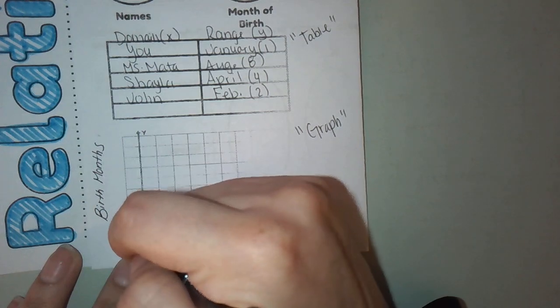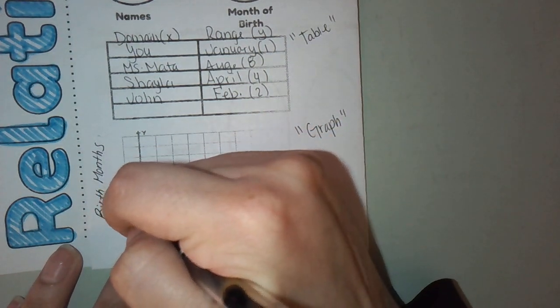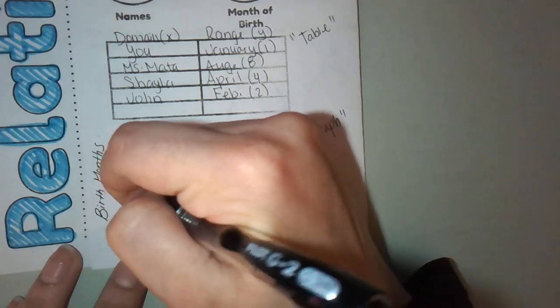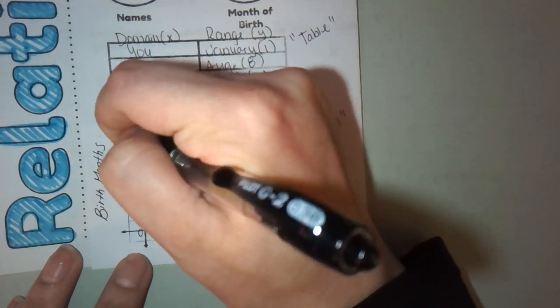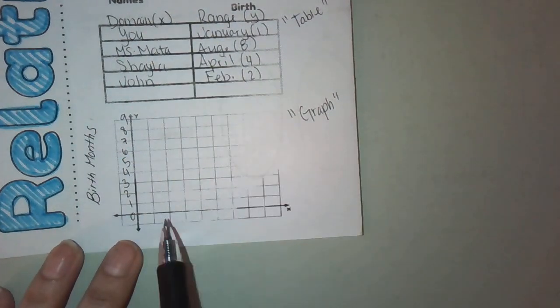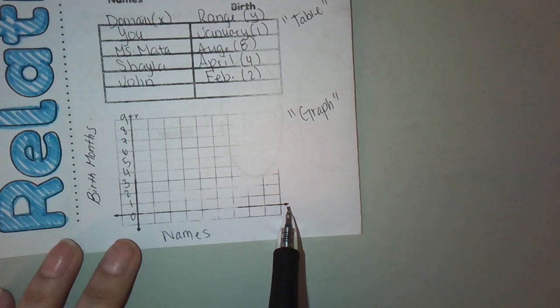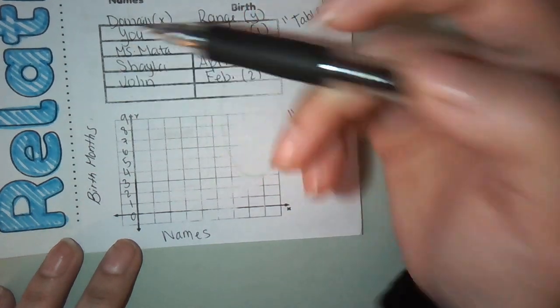And I'm just going to label them based off of the number of the month. So January is 1, February is 2, and then we just keep going up. I think this one will only let us go till the 9th month, which is September. And then our x values, or our domain, would be for the names. And since we don't have a lot of room for our names, we're just going to use that first initial.